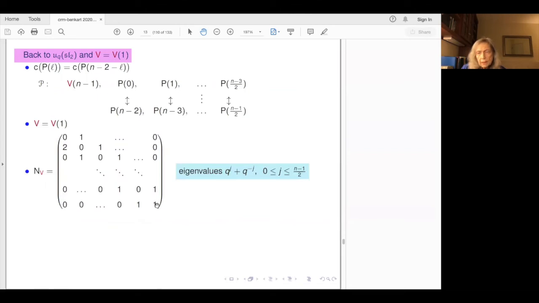And it turns out the eigenvalues are the same. This is diagonalizable. And the right eigenvectors are these L polynomials.